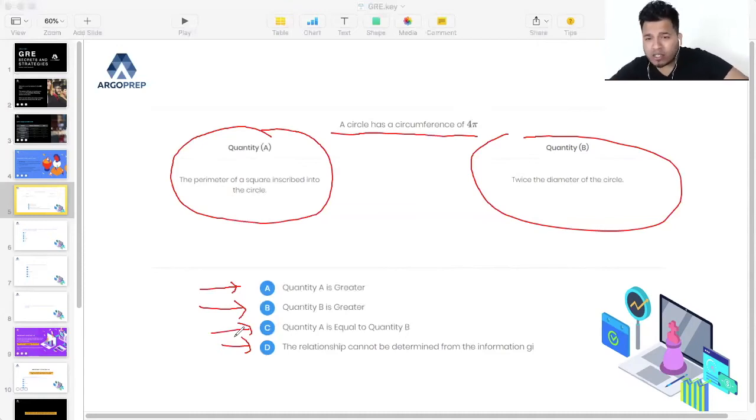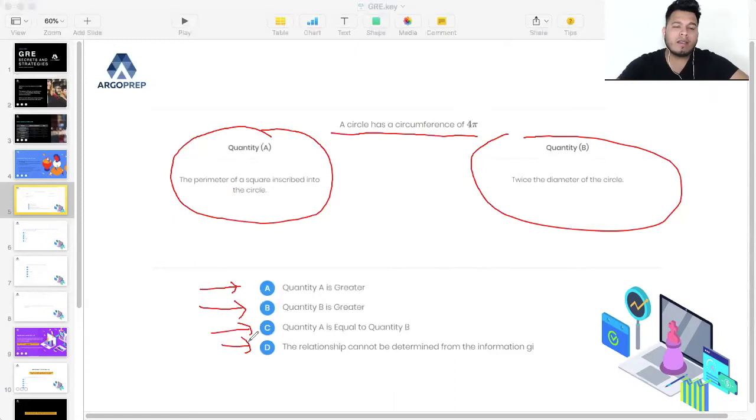So estimation strategy is heavily employed here. You should be able to estimate things and determine which quantity is greater. You're not going to be doing long and arduous calculations. That's not going to happen. If it looks like there's a lot of heavy calculations, chances are there is a shortcut and you're doing it the long way, which is the wrong way.